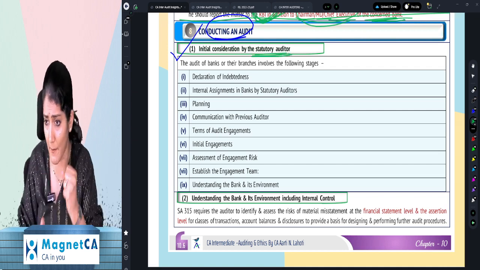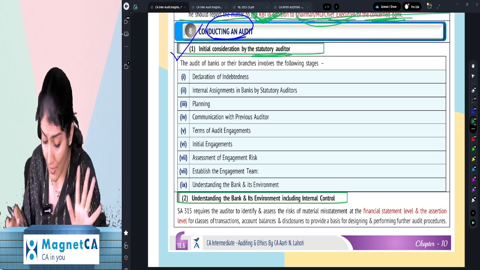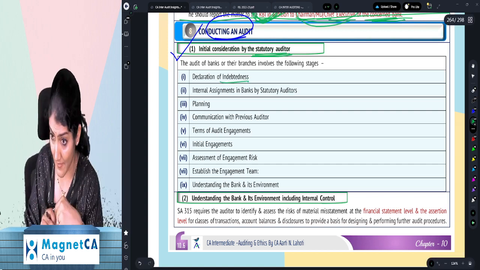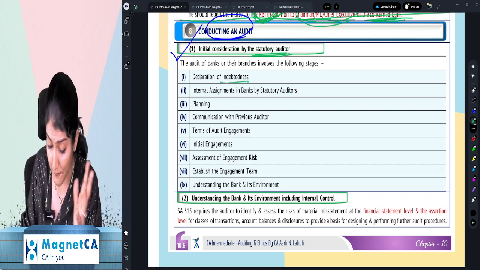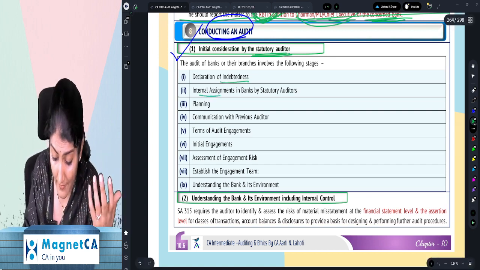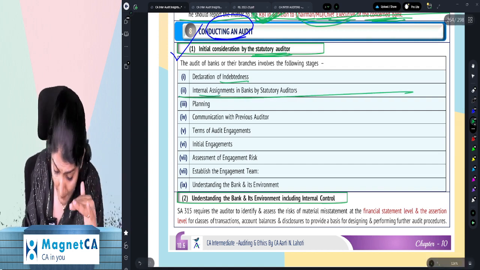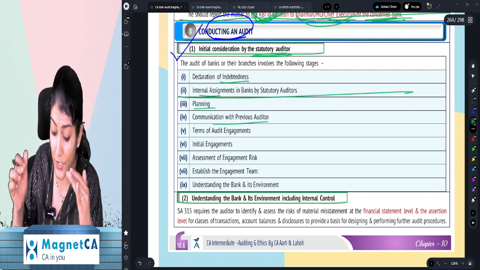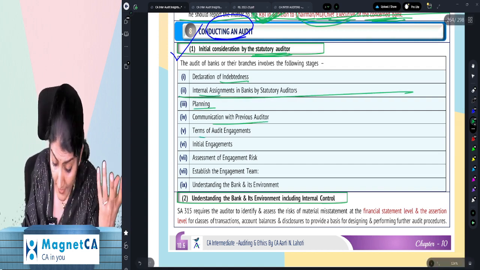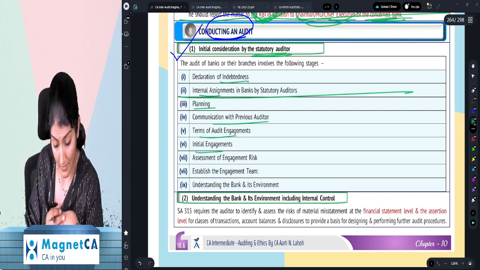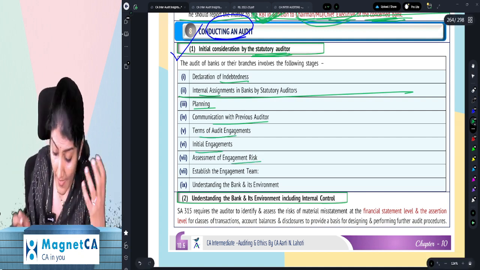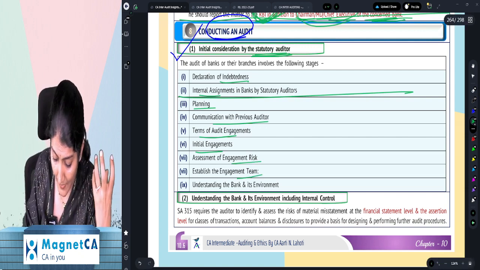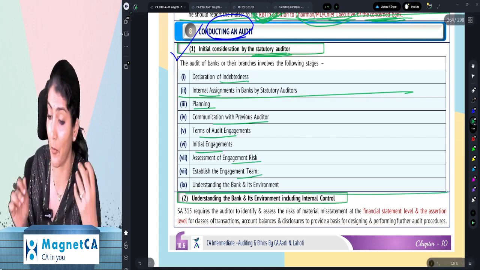So similarly, if you are to be appointed as the auditor of any bank, will you say, okay, coming for bank audit? No. First, declaration of indebtedness. Then maker checker has to be different. Are you doing any other internal assignments in the bank? Then planning, then NOC, communication with previous auditor, engagement letter, initial audit, assessment of engagement risk, establish the engagement team, and then understand the bank and its environment.